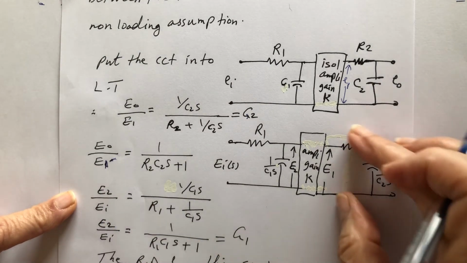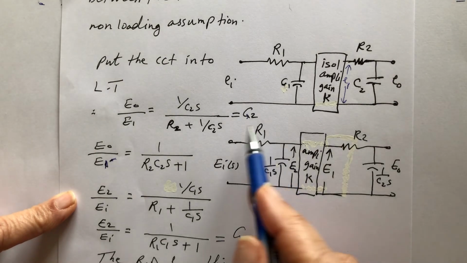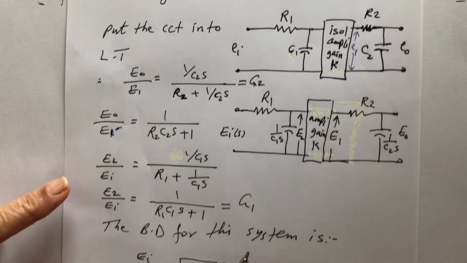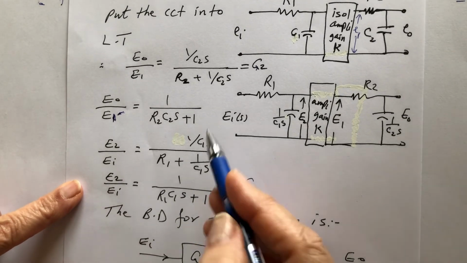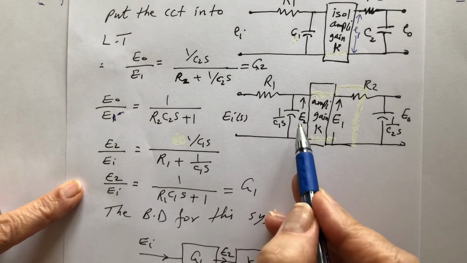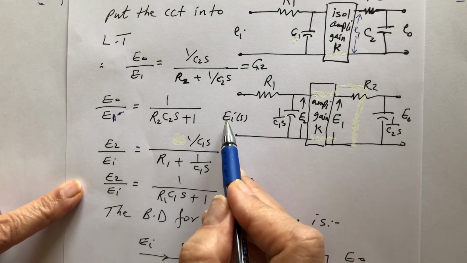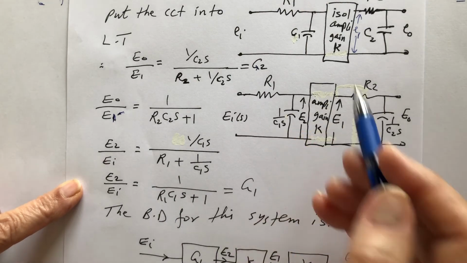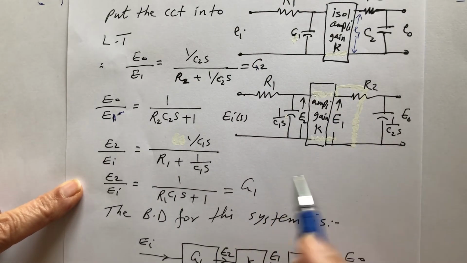I found the transfer function of that part. Now I find the transfer function of this part. It will be 1 over C1S over this one. I'm taking them separately because I have this amplifier serving as isolation.